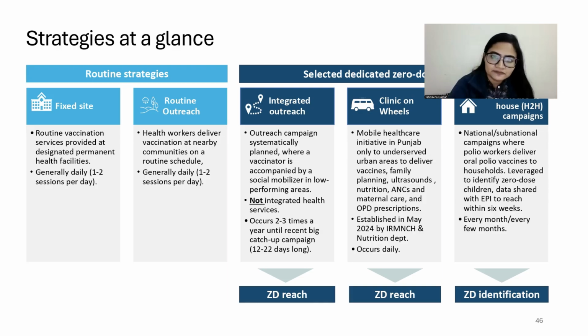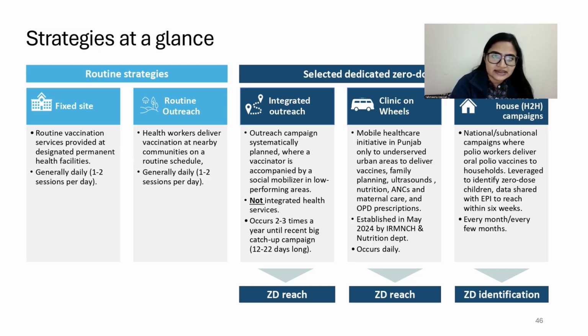Okay, so in our analysis, along with the routine strategies, we included three targeted interventions. These interventions were selected through a prioritization exercise with the stakeholders, and based on that scoring, we shortlisted three interventions that were included in our analysis. So in routine in Pakistan, the immunization services are provided through the fixed sites.